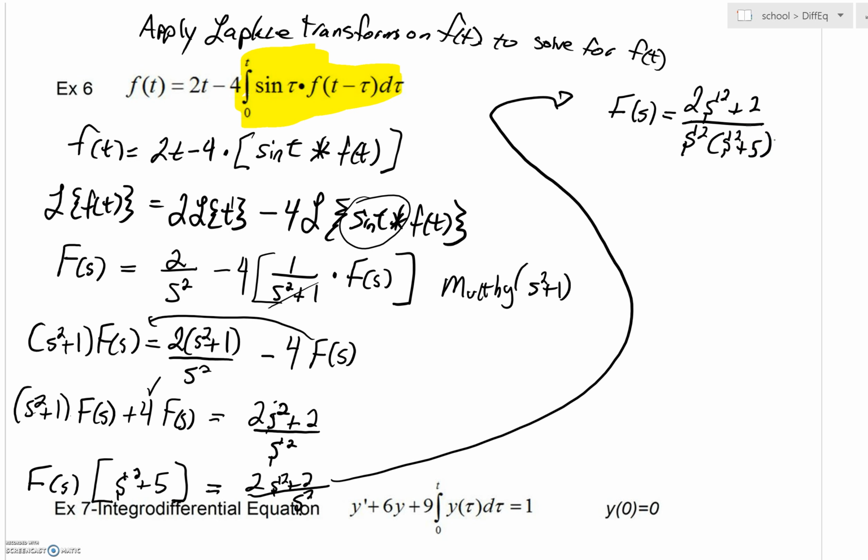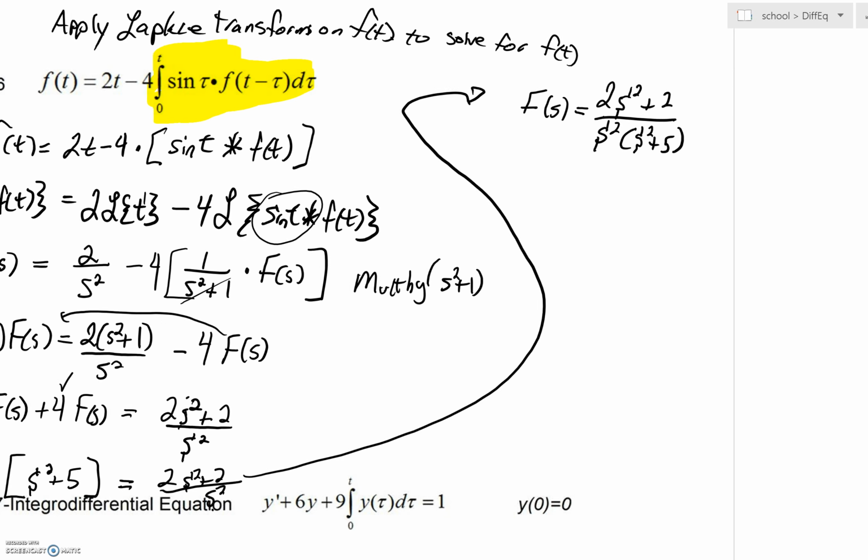And it's right here where you want to use your TI-89 to expand. I'm not going to take the time to type that in and go step by step, but hopefully you're going to be able to follow on your own and get this to work out. As you do expand, you'll get 8/5 times 1 all over s squared plus 5.